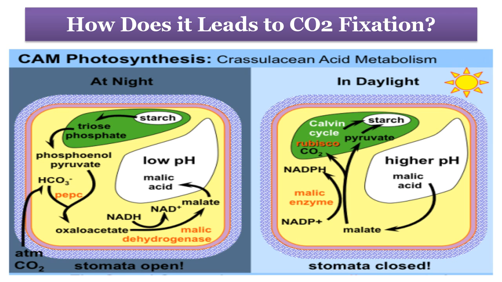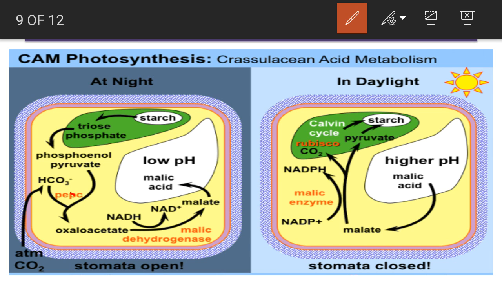Now let's have an overall idea about the CAM pathway. At night, carbon dioxide is captured by PEP carboxylase. Just look here, phosphoenol pyruvate carboxylase: this is carbon dioxide, which is captured by the enzyme PEP carboxylase in the cytosol, and the malate that forms from the oxaloacetate product is stored in the vacuole.